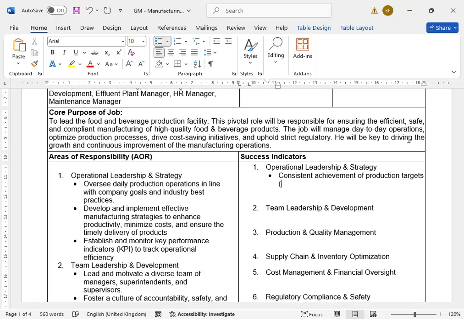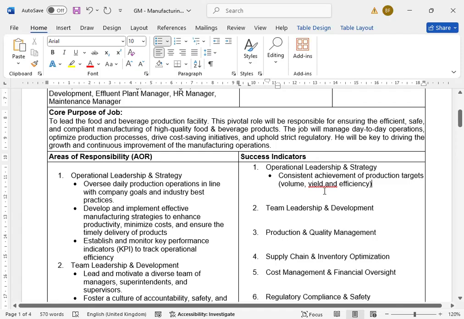What are the targets in terms of volume, yield, production yield, and efficiency? Okay. Then, yield. What is yield?